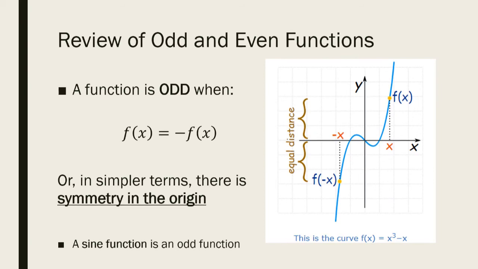Let's try to solve. Let's take the value of x equal to 2. So f of 2 is equal to 2 cubed minus 2, which is 8 minus 2, equal to 6.